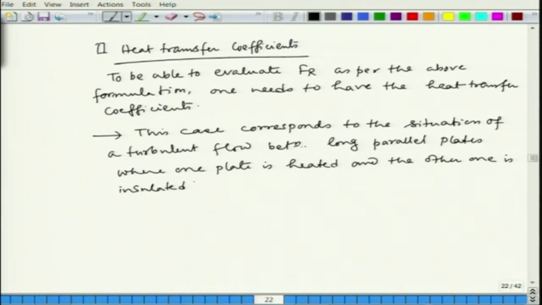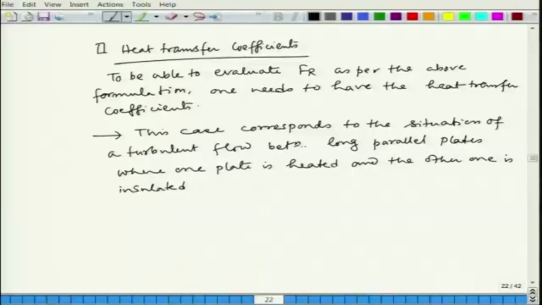So, in this case our absorber plate is being heated by the solar radiation and the bottom plate is insulated, right. And for such case we have two correlations.